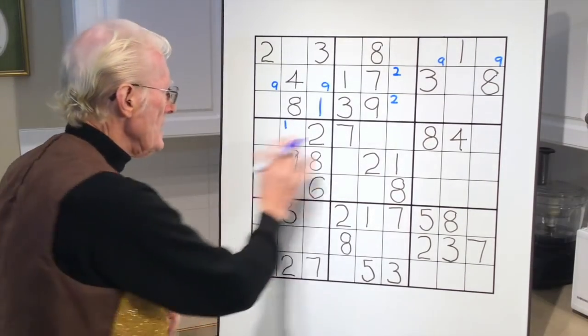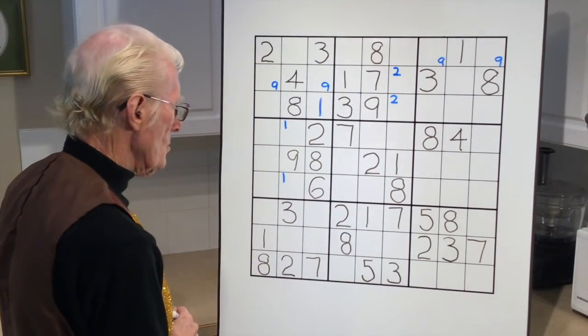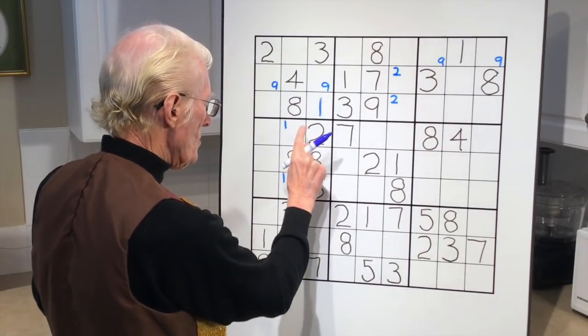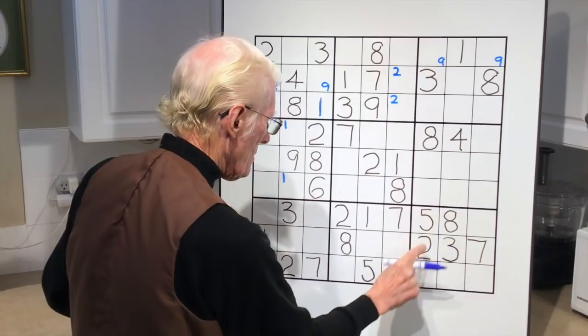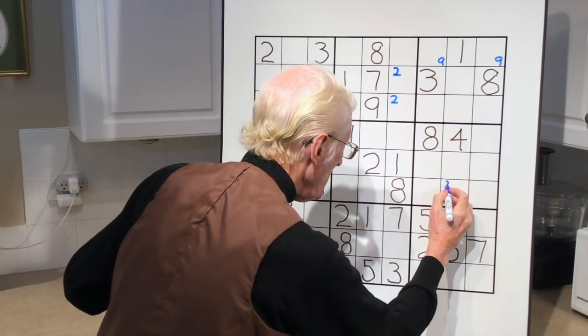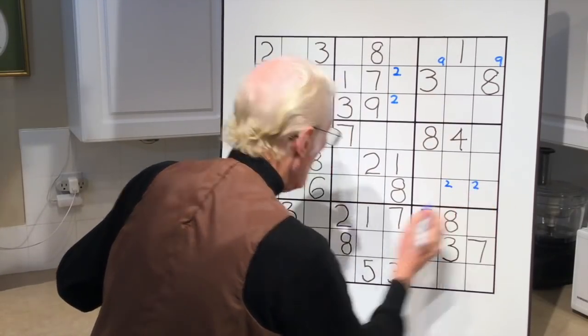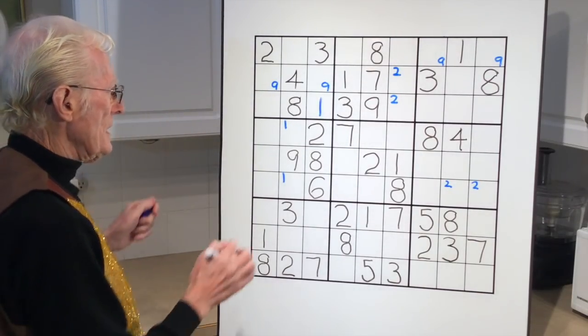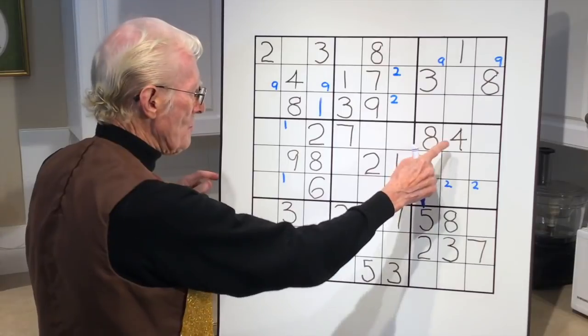Now let's go on to this section here. Anything there? 1s, no. 2s, yes, we have it, top, middle, bottom. There's a 2 down here, so we can have a 2 here and a 2 there. Okay, 3s, no 3s. 4s, let's look at this. Here's a cross, we can do a cross meet with a 4.